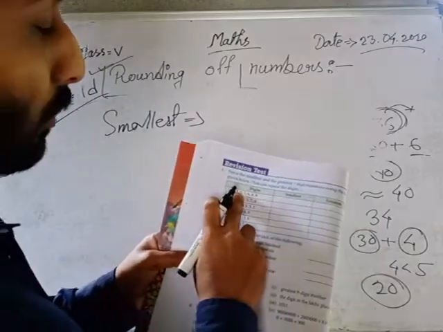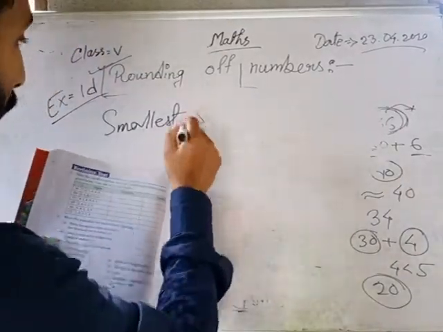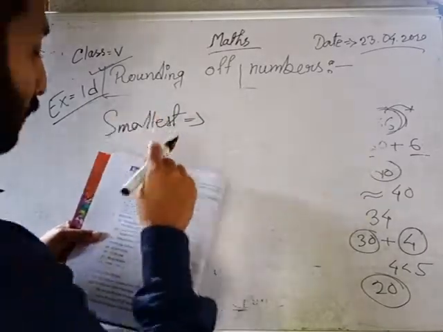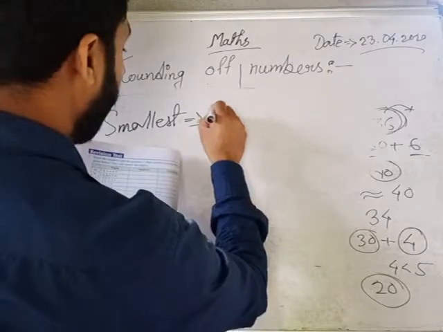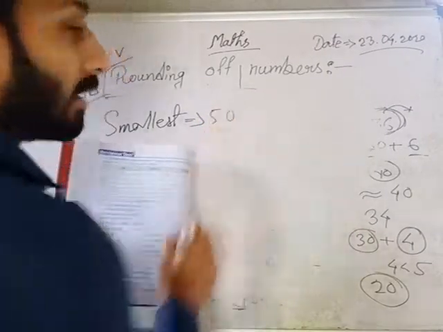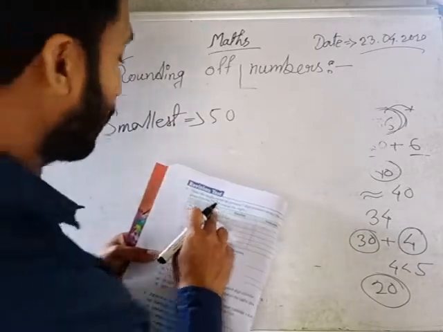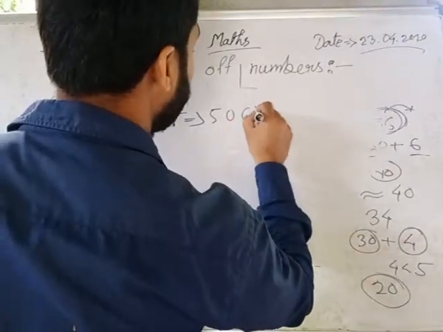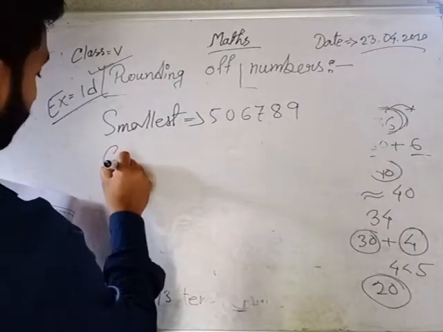But we don't write 0 at the extreme left. After the 0, the digit is 5. That's why we should write 5 first. Then we should write 0. Okay, 5, 0. Then 6, 7, 8, 9.